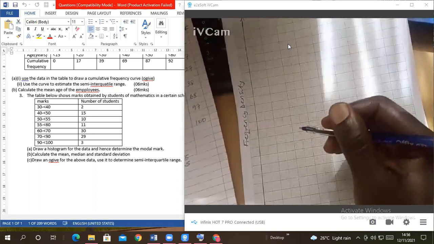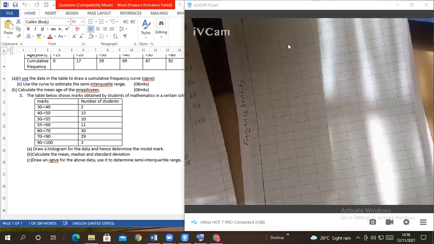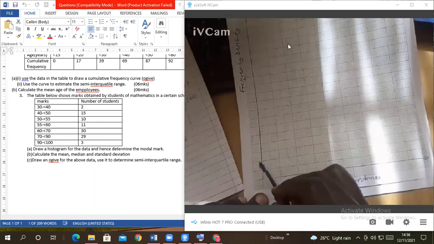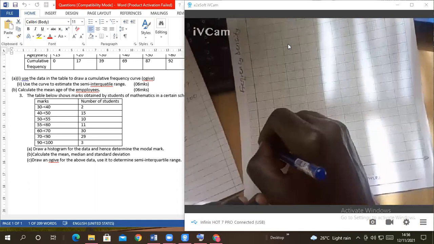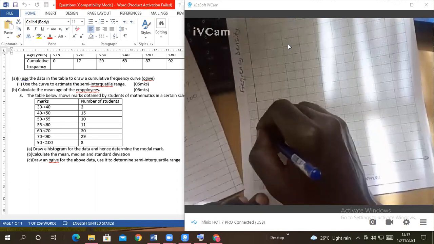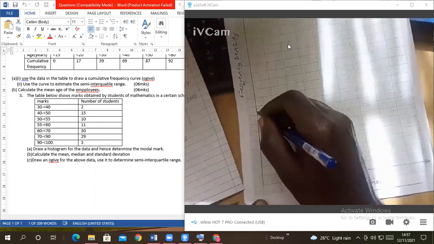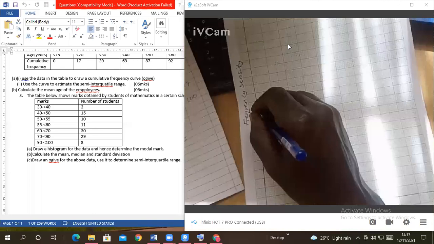Supposing I say 0.2 here, I'm just estimating. I have 0.2 here, 0.4, 0.6, 0.8, 1, 1.2. Will it fit? It may not fit.